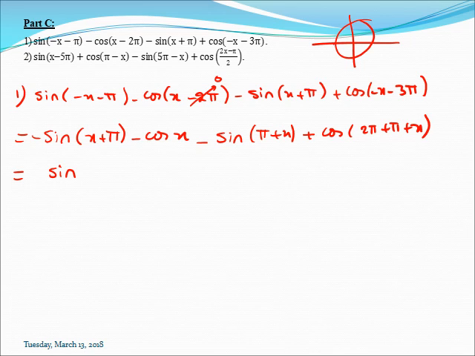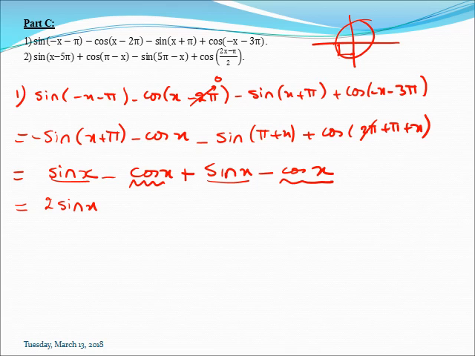Pi plus x is here, sine is negative and we have minus, so positive sine x minus cosine x minus sine pi plus alpha. Minus sine becomes plus sine x. 2 pi is 0, so cosine pi plus x, cosine is minus cosine x, equal sine to sine minus cosine minus 2 cosine x.